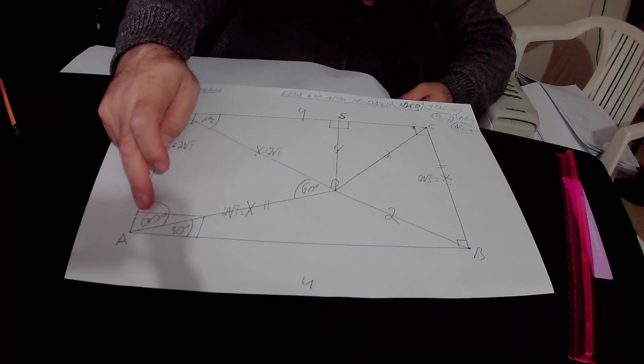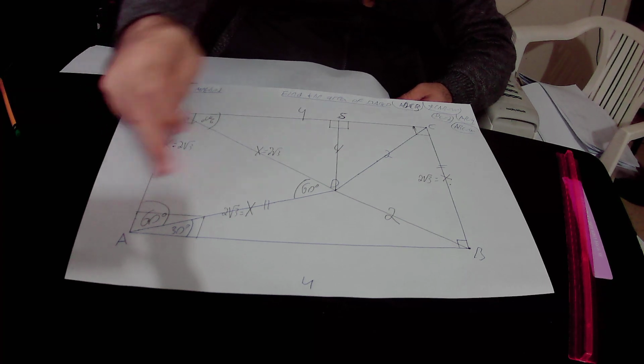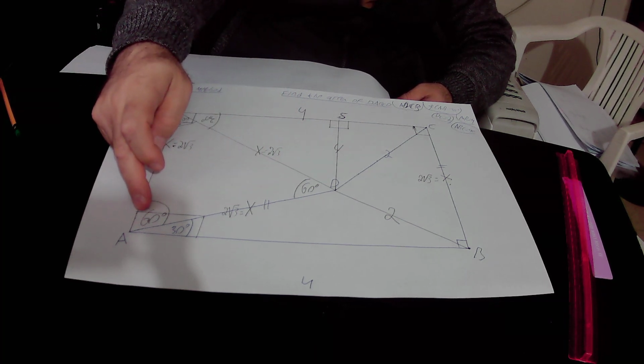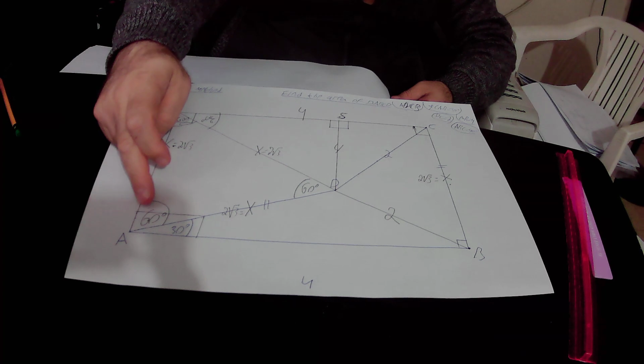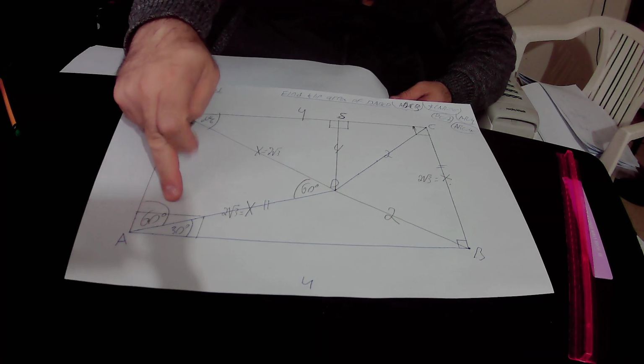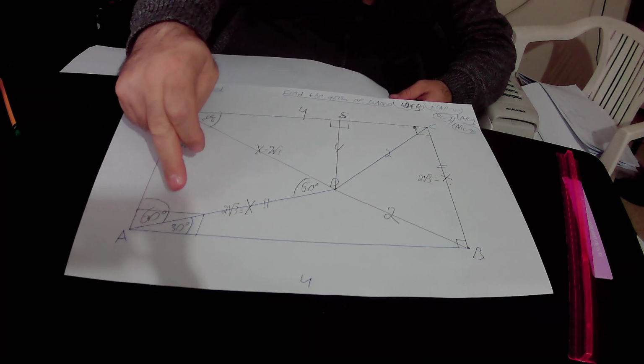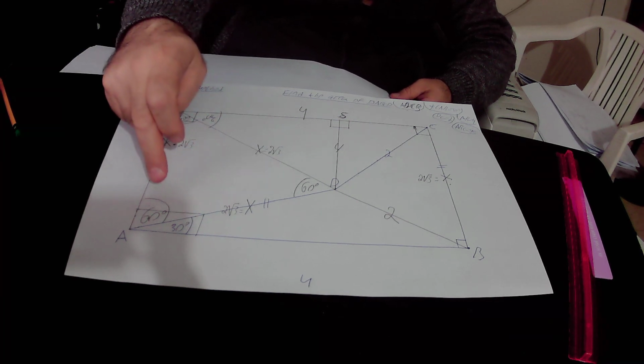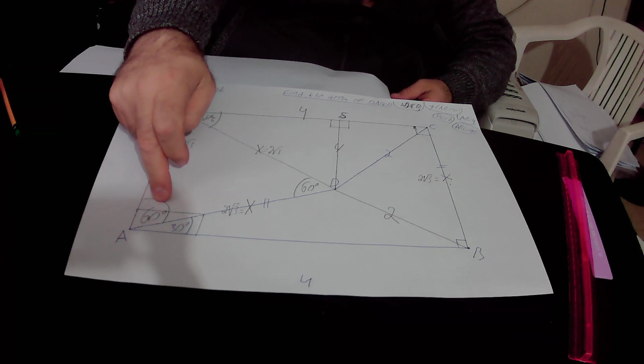Angle EAB equals 90 degrees according to our construction. So the value of angle EAD will be equal to 90 degrees minus 30 degrees, that is to say, this angle equals 60 degrees.